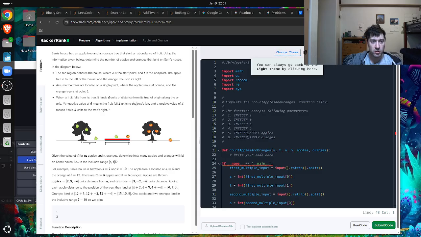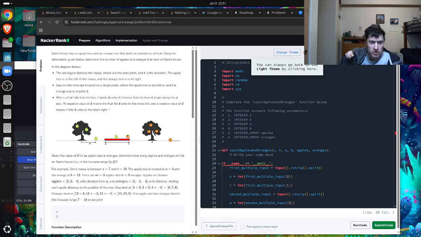Assume that the trees are located on a single point where the apple tree is at point A and the orange tree is at point B, okay? So I think it's meaning we don't need to really consider that this tree has diameter. It's just condensed to this point here, A, and this is condensed to this point B, okay?